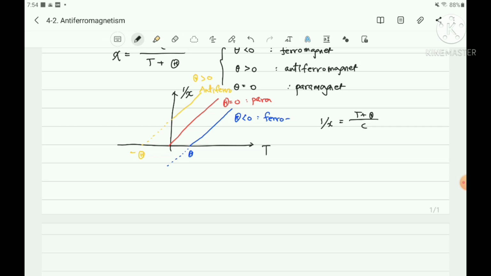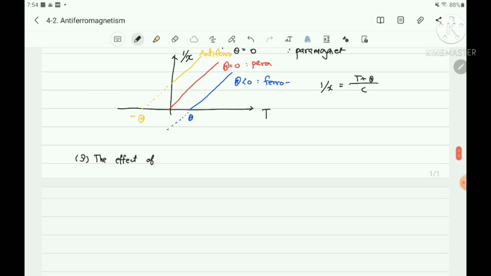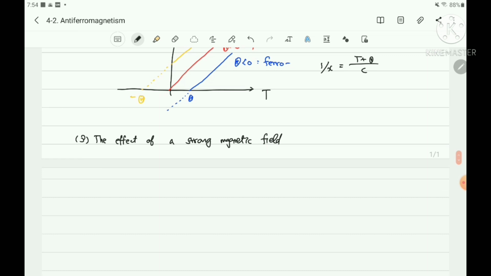Therefore, let's consider the effect of a strong magnetic field.